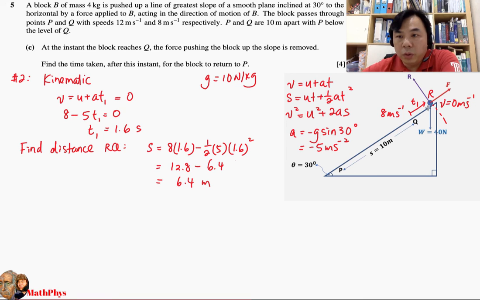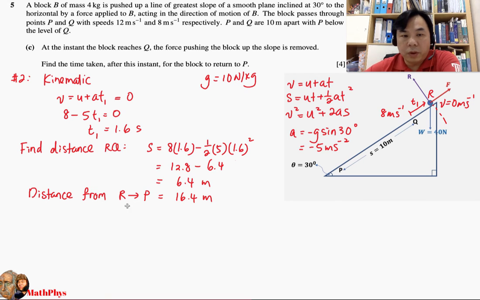Now we know that the total distance from R to P is given by 16.4 meters. And therefore, we should be able to find the time taken to move from here to here by using this SUVAT equation. We know that the initial velocity is 0, so we will use 0.